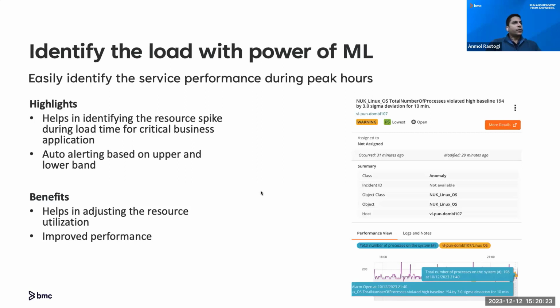At what particular time my resources were underutilized and at what time my resources were overutilized. Whenever resources are overutilized, the services dependent on that infrastructure may suffer degradation, and those services can be mission or business critical applications.